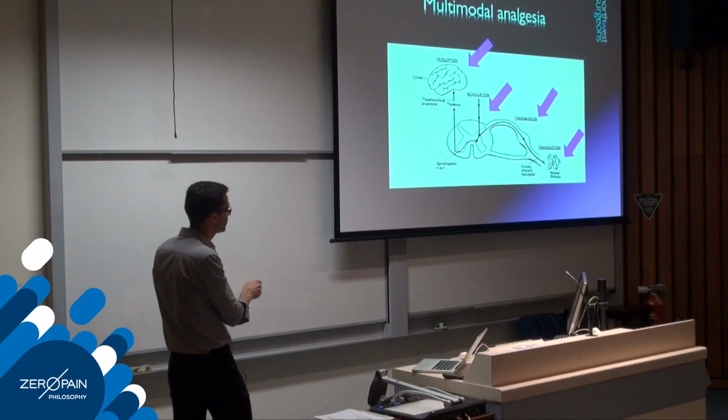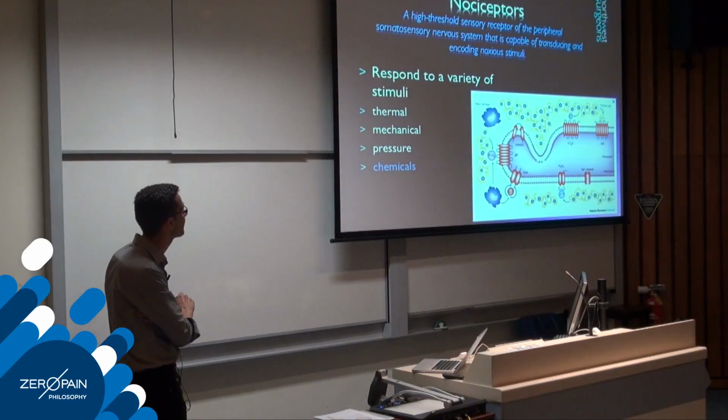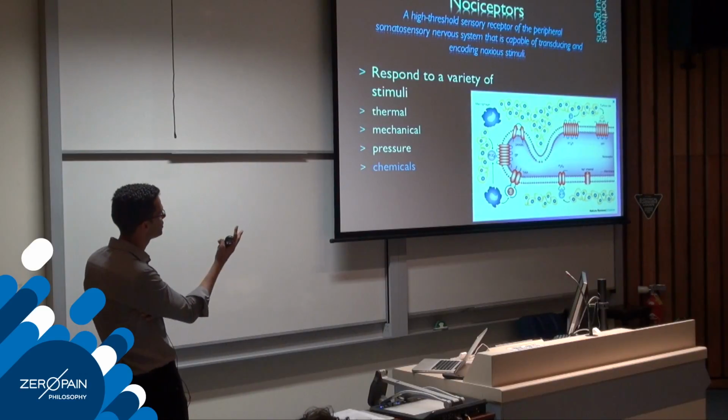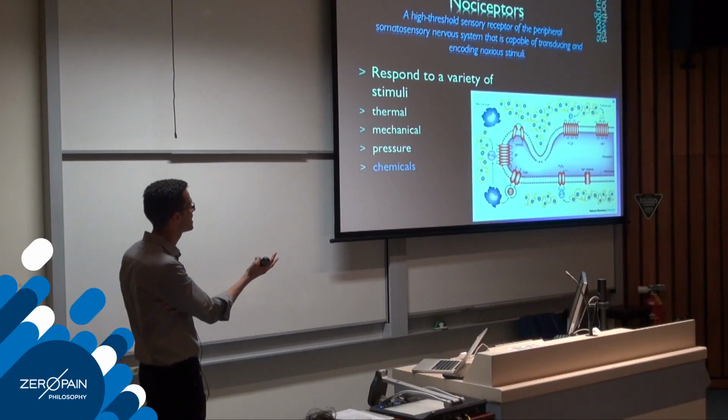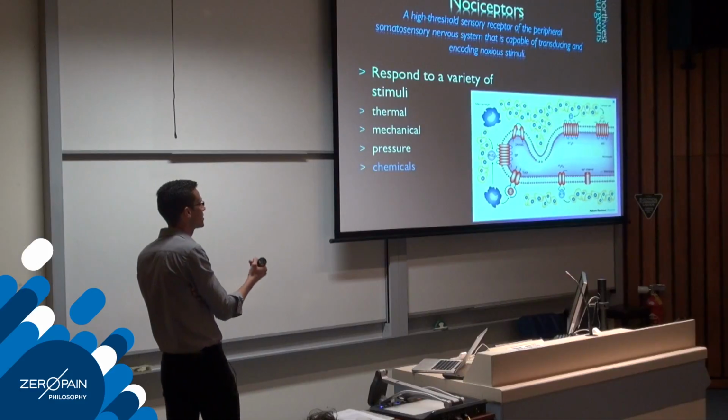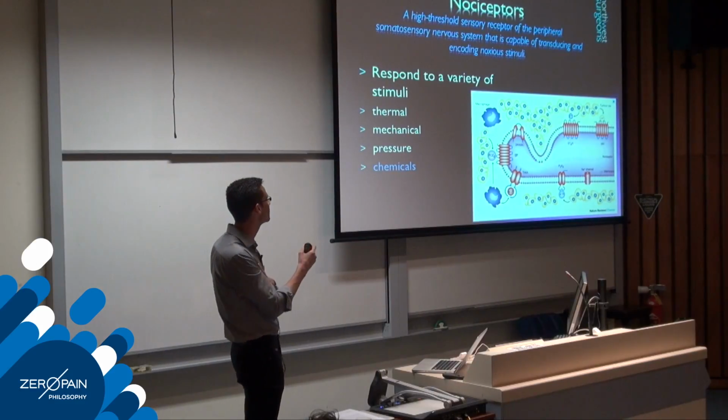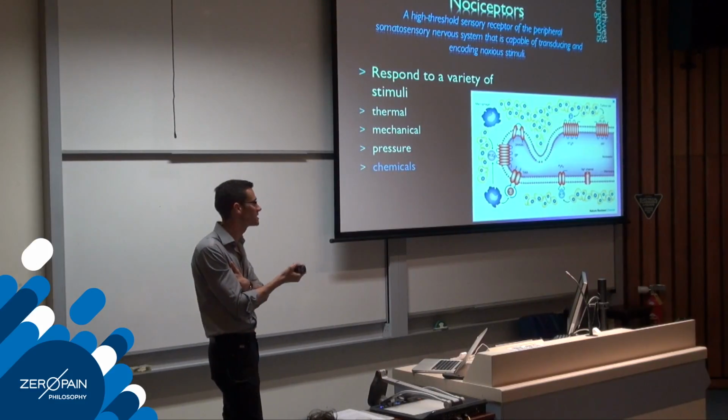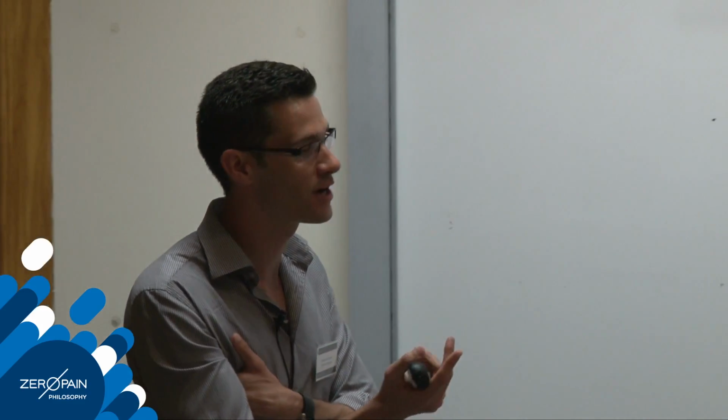So we're going to talk a little bit about the nociceptors now. This is the definition of a nociceptor: a high threshold sensory receptor which encodes and transduces noxious stimuli. They respond to a variety of stimuli: thermal, mechanical, pressure and chemicals. Chemicals would be all of our inflammatory mediators.